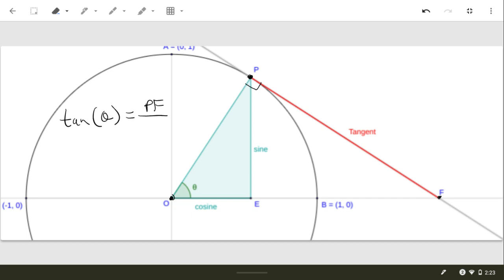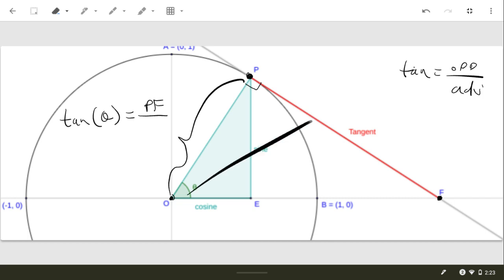It's that line that goes from the point on the unit circle to where it intersects on the x-axis. It's the line segment from the point on the unit circle to the x-axis. So that's my opposite side. And my adjacent, because tangent is equal to opposite over adjacent, well, the adjacent side is going to be this leg right here.